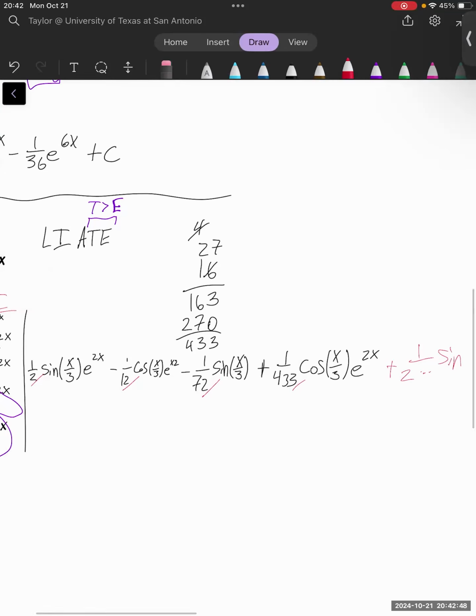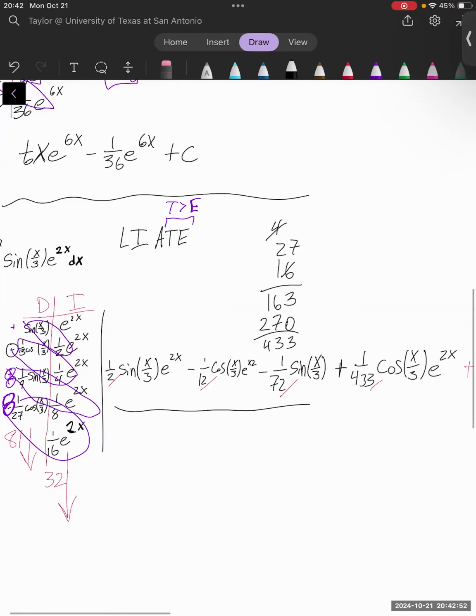And so we can actually, if you wanted to, cut it off right here, which would be one term, two terms, three terms. We didn't even need this part.